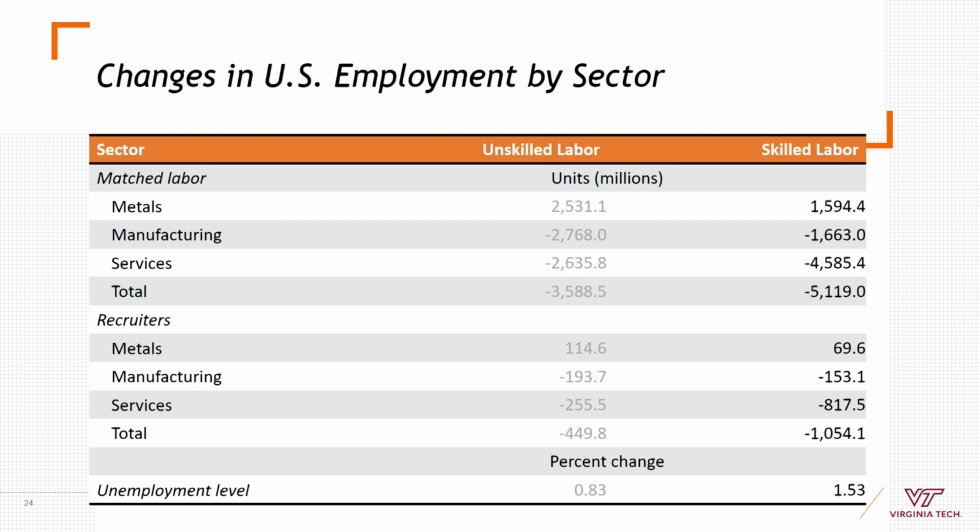Unemployment level, okay, sorry, go ahead. So the sum of recruiters' change in the unskilled labor does not measure the total change. Well, that's because I'm missing a couple sectors. There are 3 other sectors in here that I didn't put on, just because the slide already has too many numbers.